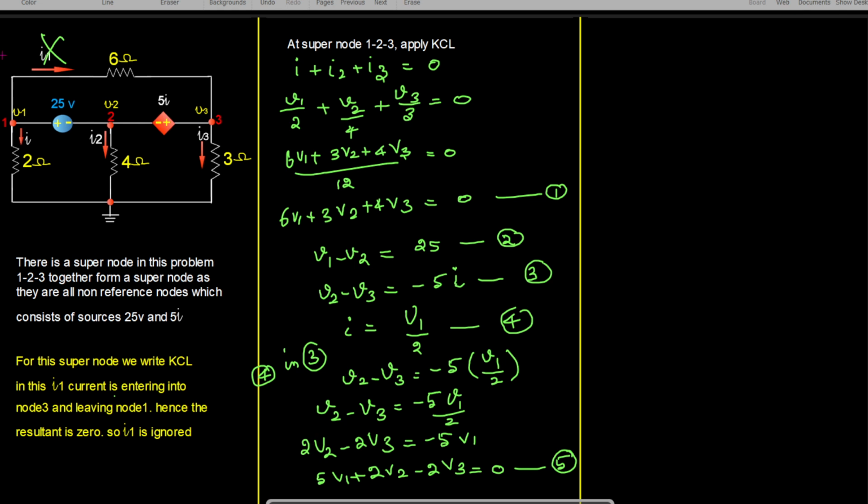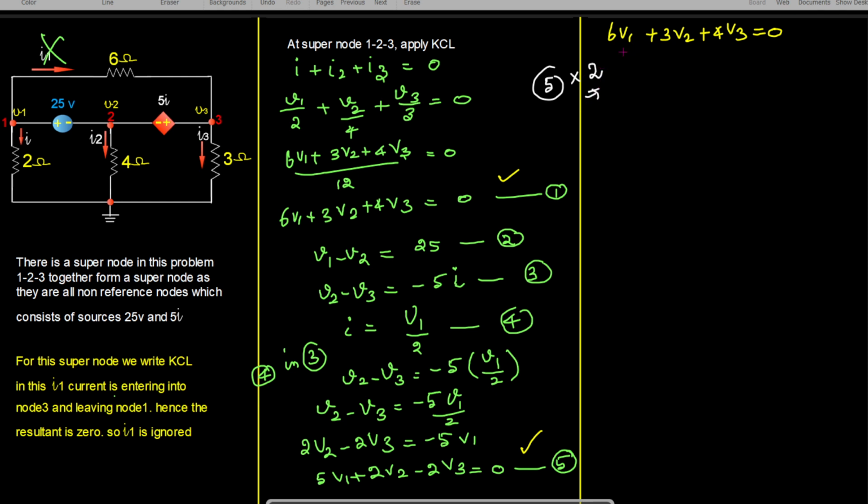Now refer to the first equation and the fifth equation, because these two consist of three variables, so we can try to eliminate one variable. I'm going to multiply the fifth equation by 2.